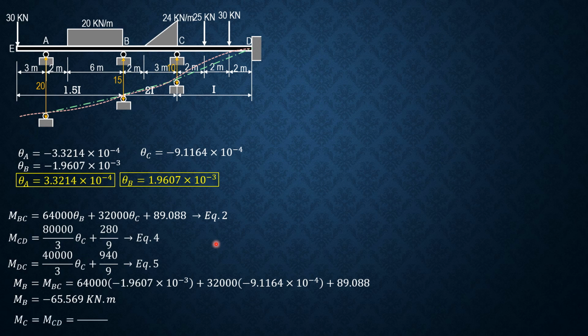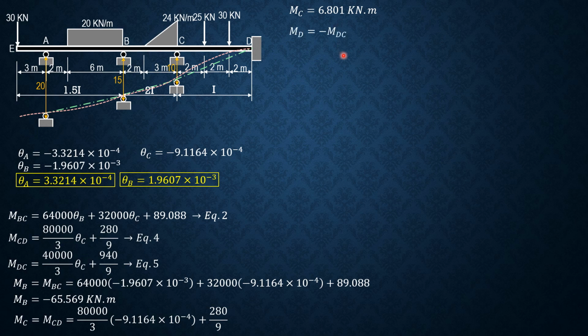MC is MCD, 80,000 over 3 times theta C plus 280 over 9, so it is 6.801 kilonewton meter, which is the same as that of three moment equation results.